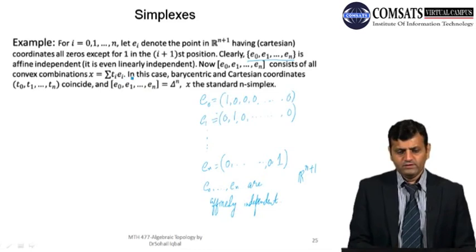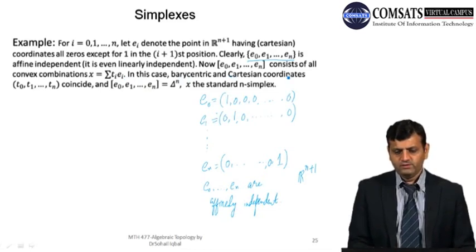In this case barycentric and Cartesian coordinates coincide, and the simplex generated by these points is denoted by delta n and called the standard n-simplex.